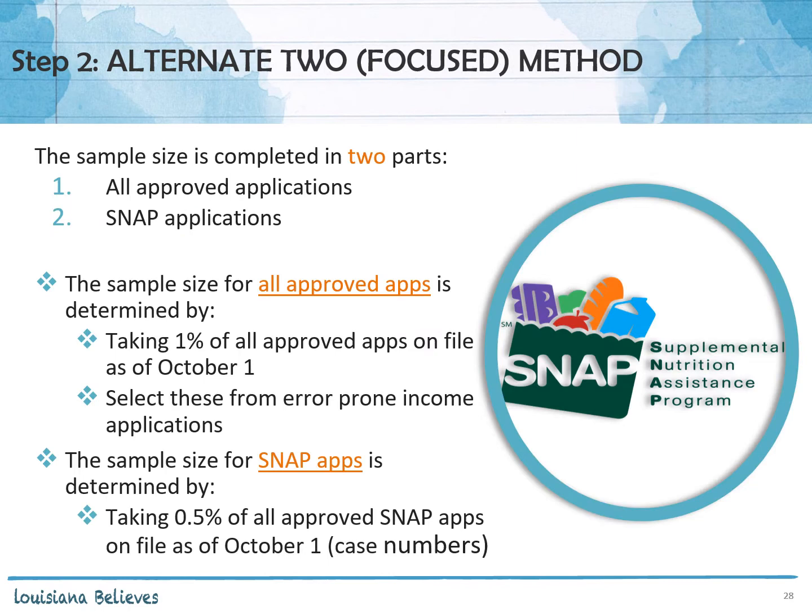Now we will discuss the last method of selecting your sample size. Again, if your site had less than 20% non-response rate in the prior school year, you are eligible to use this method.